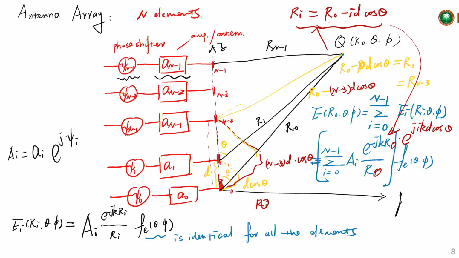We set psi_i equals i times delta. The delta term means a linear incremental phase delay achieved by the phase shifter.